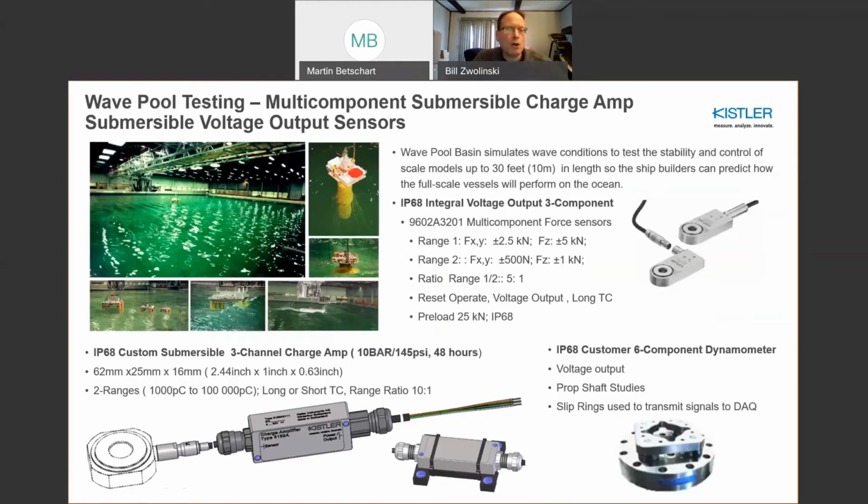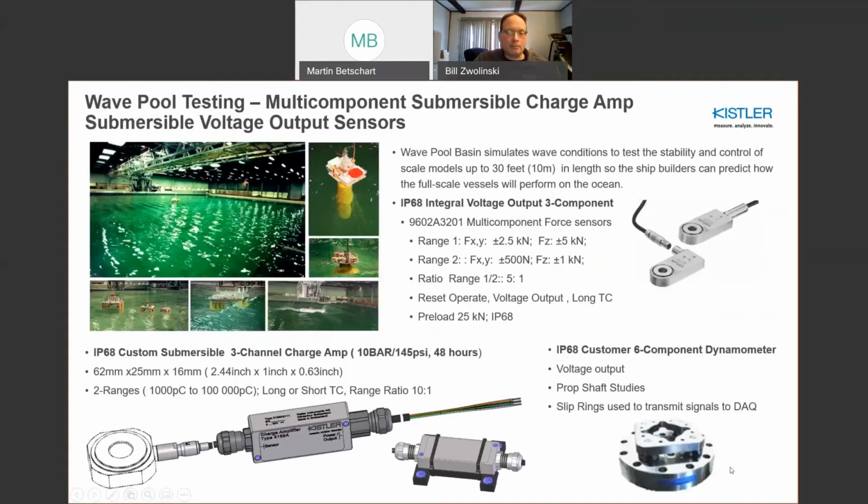So now you have almost endless scenarios where you can mate sensors together with these inline charge amplifiers, which are submersible to 10 bar, and very much usable, giving you a voltage output and giving you the ability to go long or short time constant with 2 ranges as well.